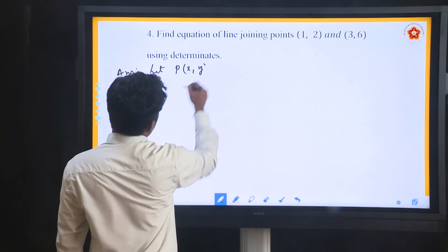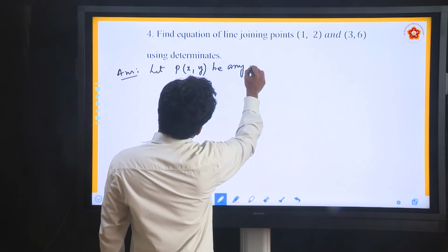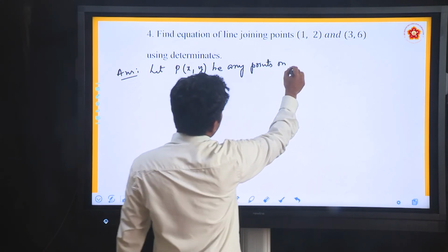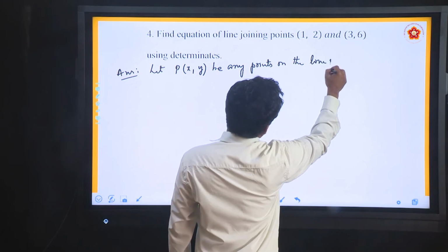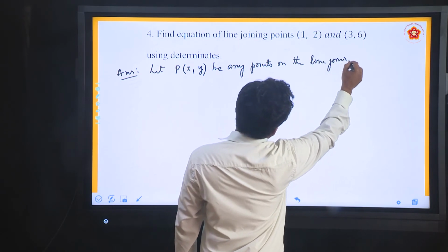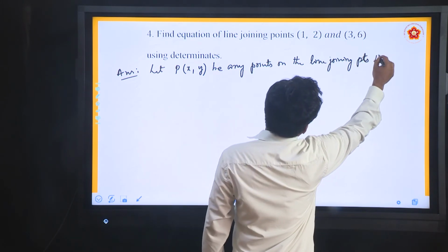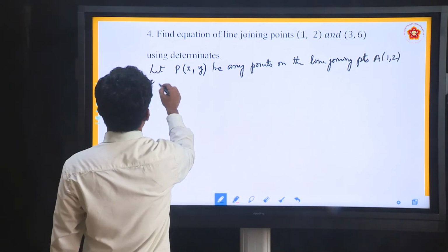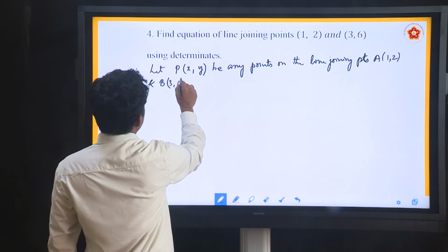I can consider (x, y) to be any point on the line joining points, let us say A (1, 2) and B (3, 6).